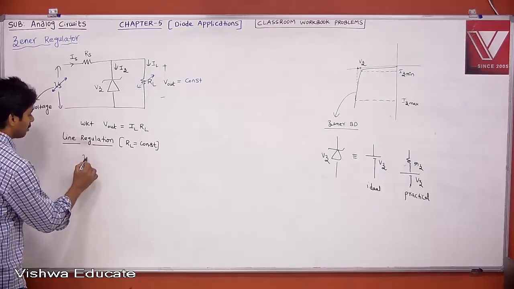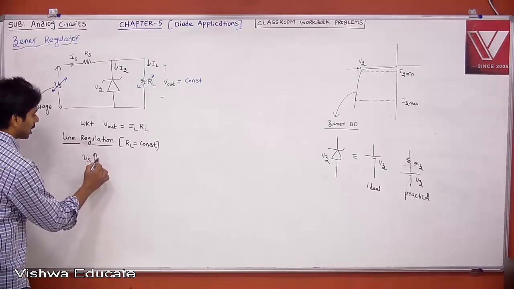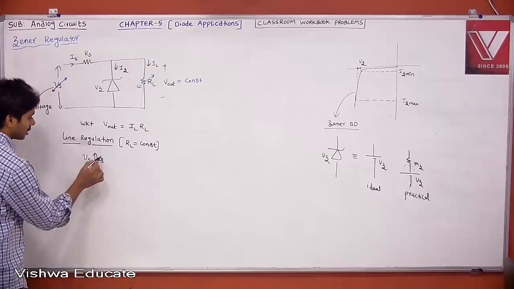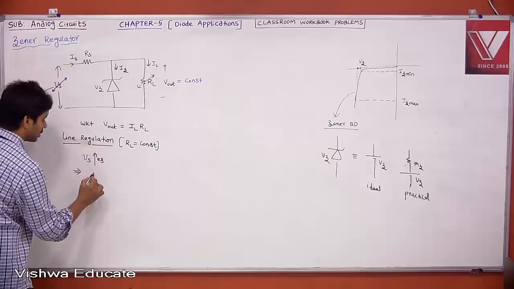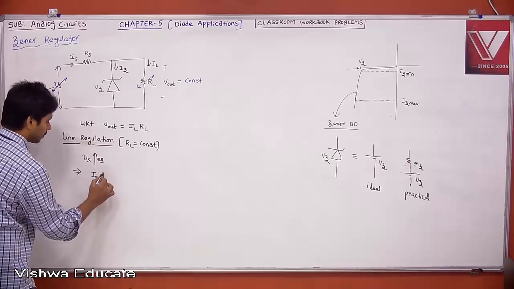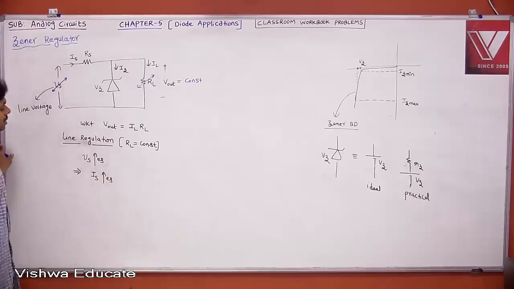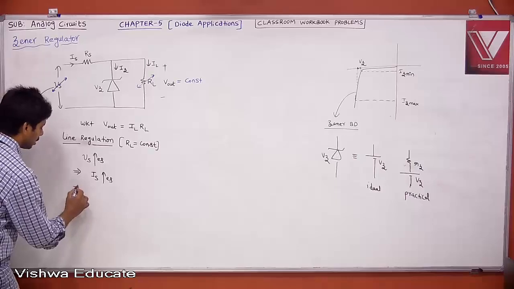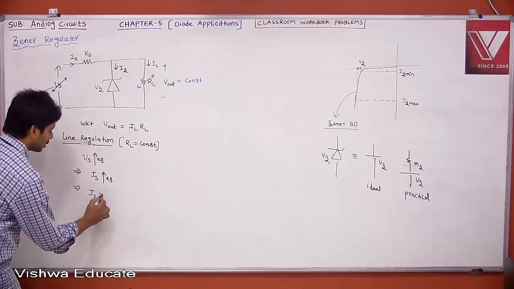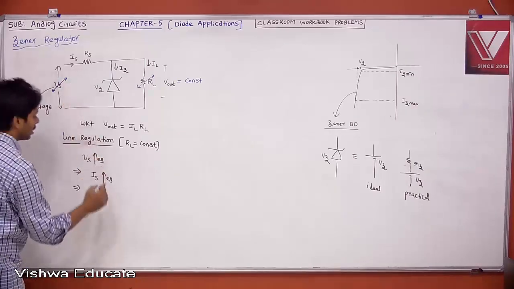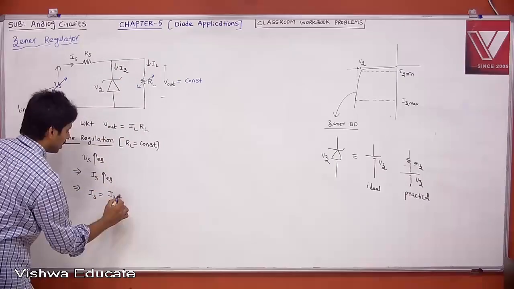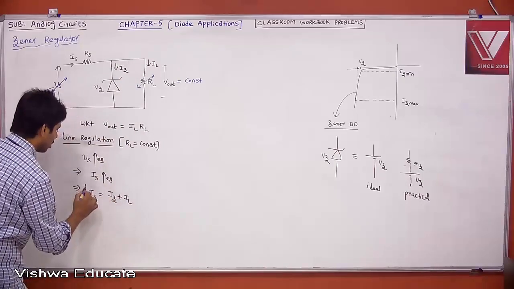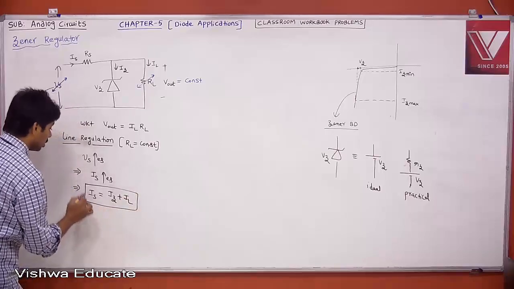Let us say your Vs is increasing or decreasing. When Vs increases, surely your IS will increase. What is IS? IS is nothing but, by KCL, IZ plus IL. This is a very important KCL equation which we need to use later.